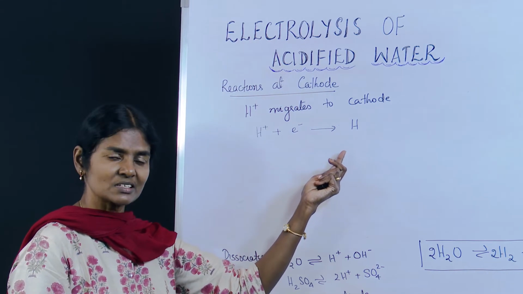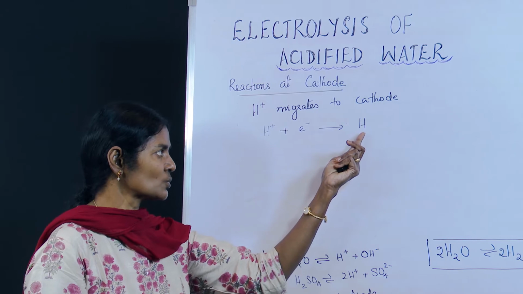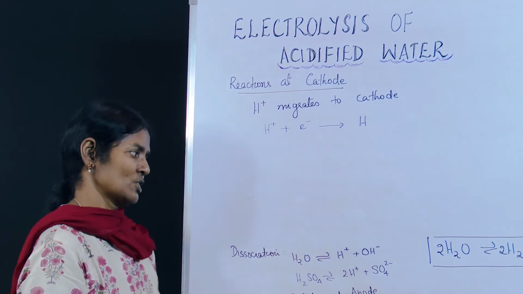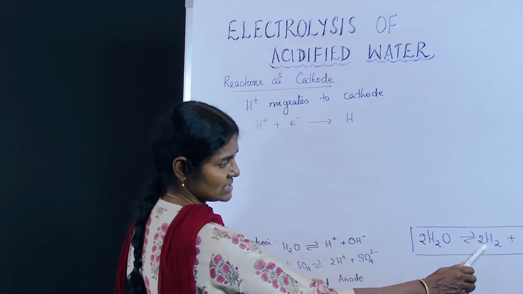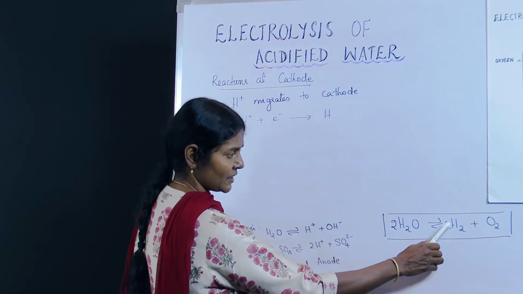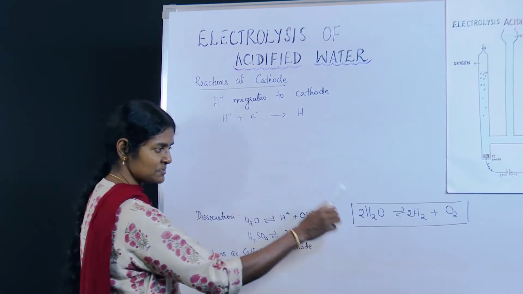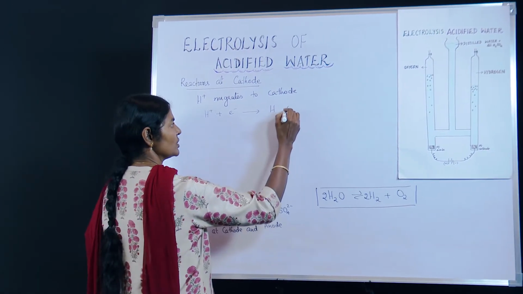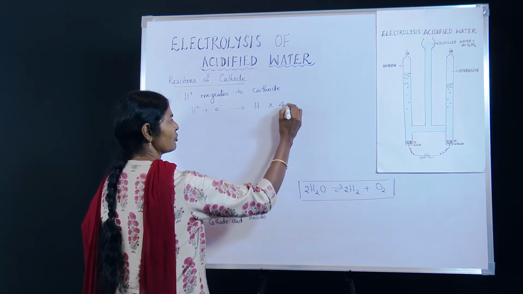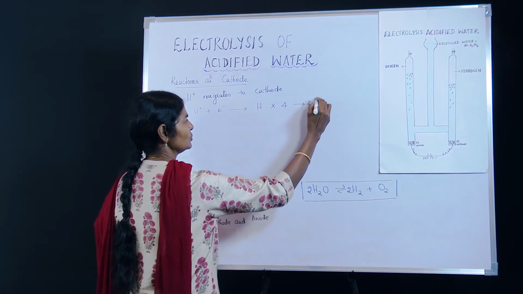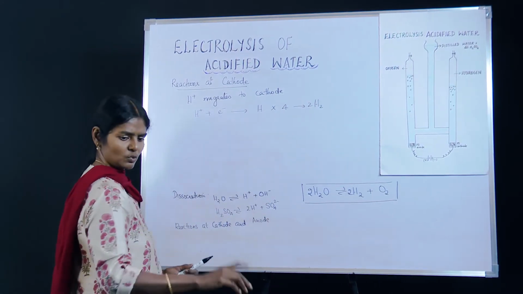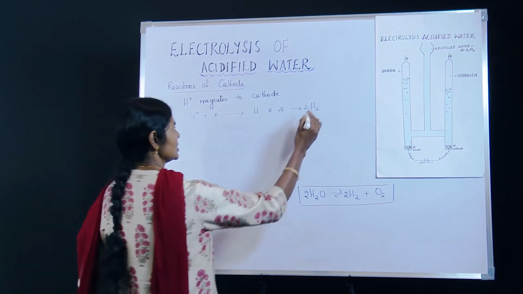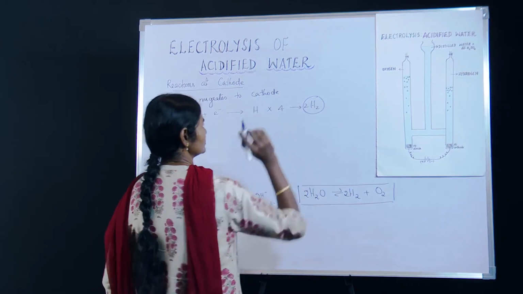It's always diatomic, which means two atoms make one molecule. But here we see in this reaction that there are 4 hydrogen atoms formed as product. So what we can do is multiply this by 4 to give 2H2. So this is what will be the result at the cathode.